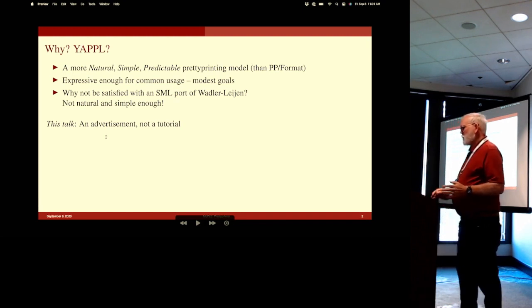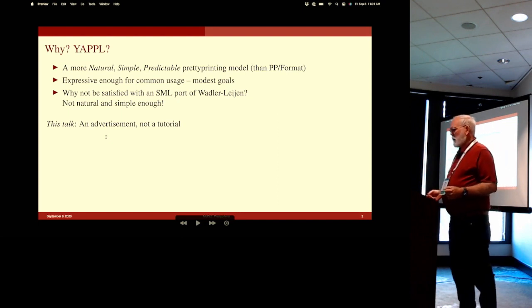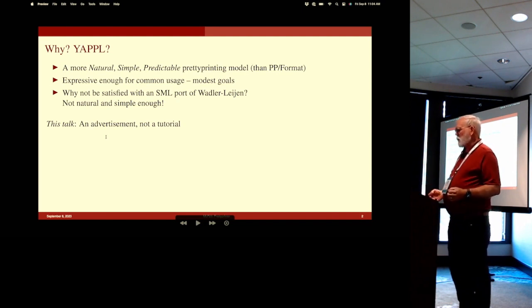Okay, so I wanted it to be expressive enough to be able to write the pretty printers that I typically write. And so, of course, one of the first things I ran into was that in the Haskell world, there's the Wadler Leijen pretty printer family.